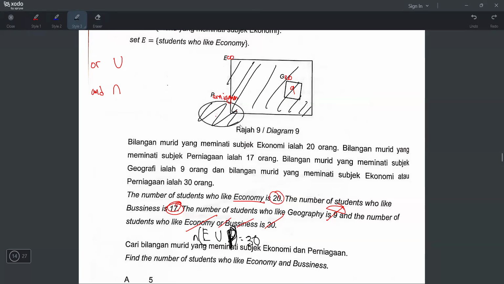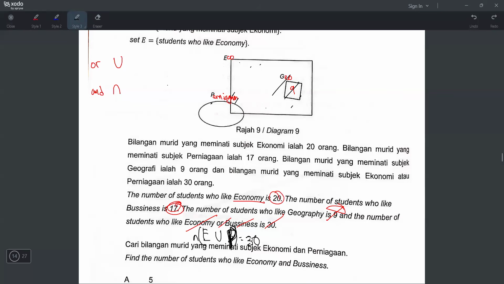Okay, so E and P gabung together is 30. So the region for 30 dekat mana? The region for 30 is for here plus here plus here plus here lah. Correct ah? Economy and business. Basically the universal lah. The whole thing is 30, right?